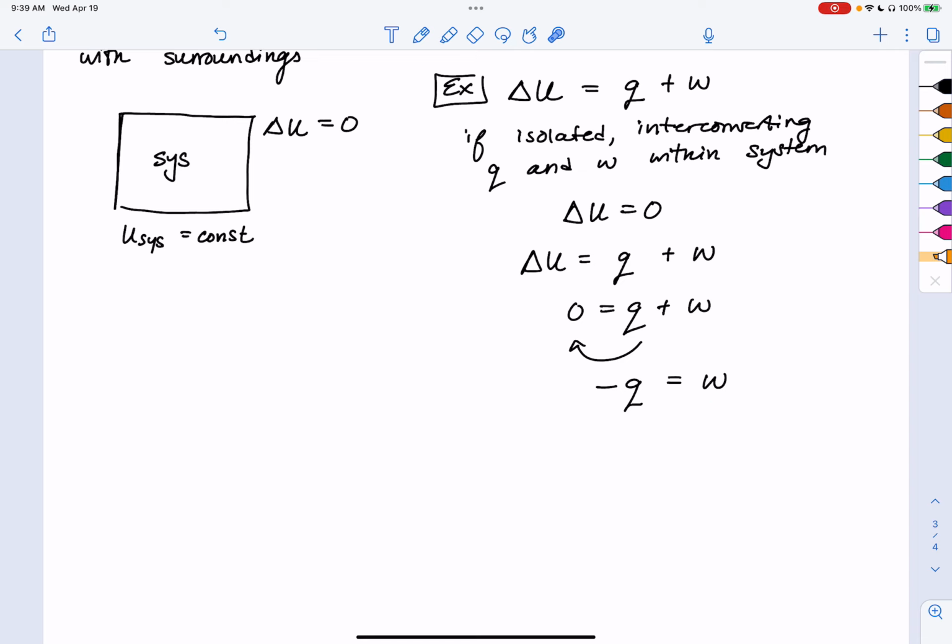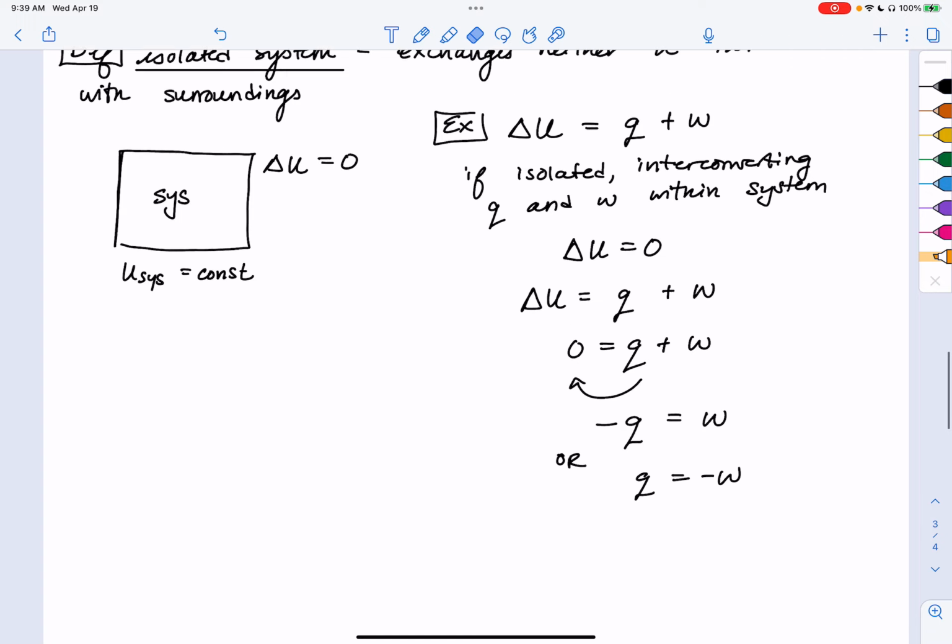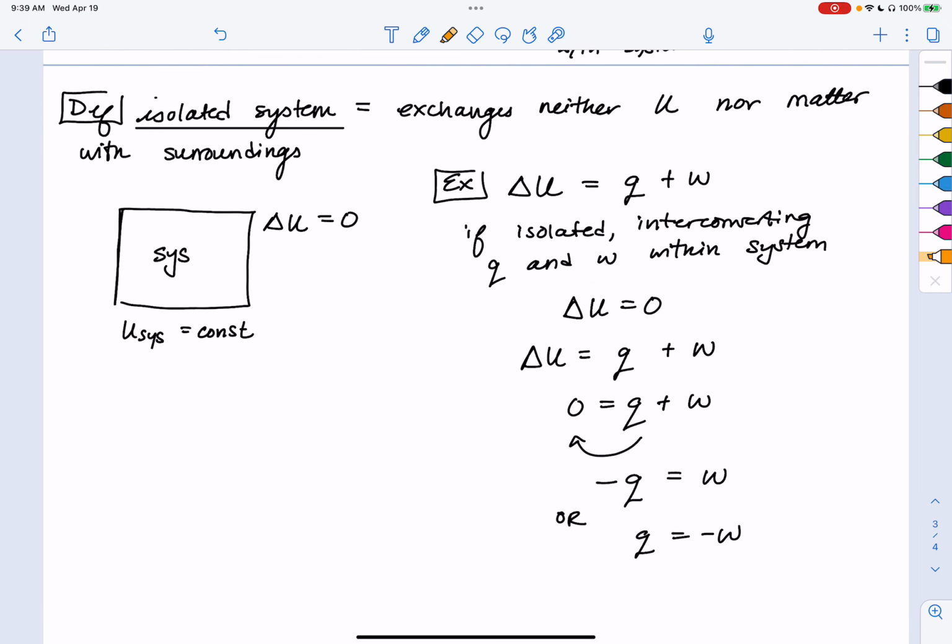I could also write it the other way: positive Q is negative work. So this is only in an isolated system. In isolated systems, the change in the total internal energy of our system is equal to 0, which results in these relationships as long as these are all within the system.